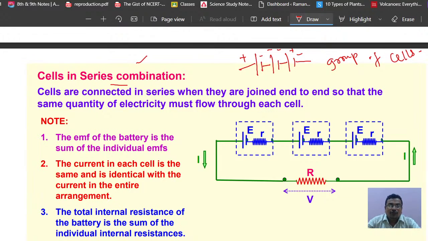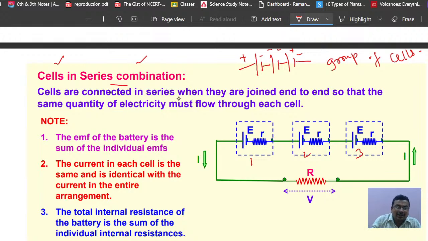So now we are going to connect the cells: one, two, three. Now we are learning about the combination of cells. There are two types of connection of cells: one is in series, another is in parallel. What do you mean by cells in series?